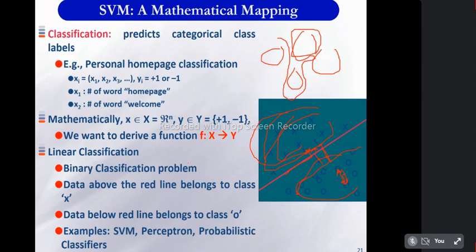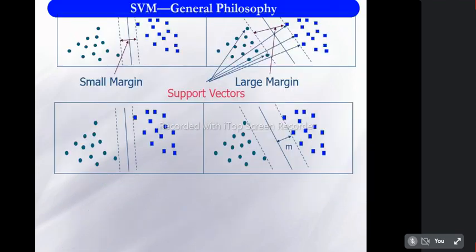So that independent classification can be done using SVM. So here is the margin. Whenever the margin, the distance, is very small, that means the data sets are too similar, which is very difficult. If the distance between them is very large, then it is quite good for classification or our algorithm.